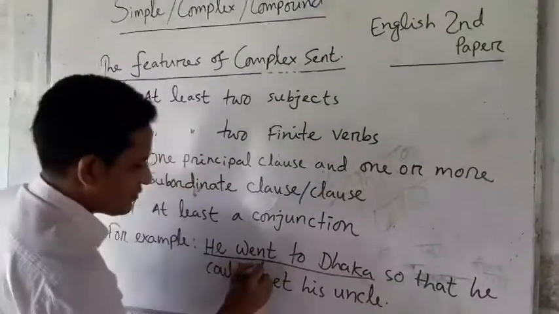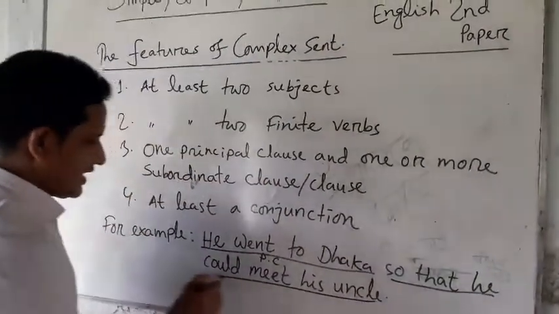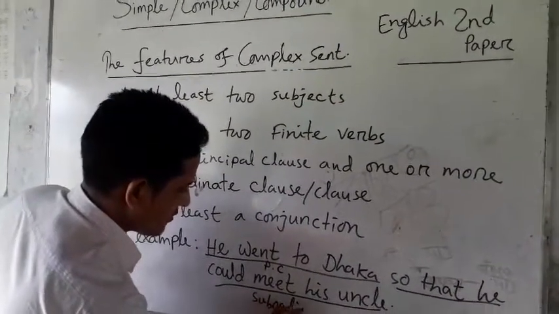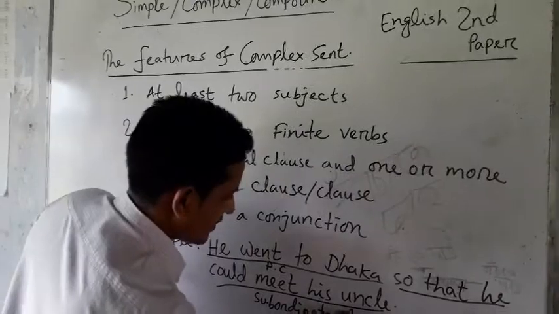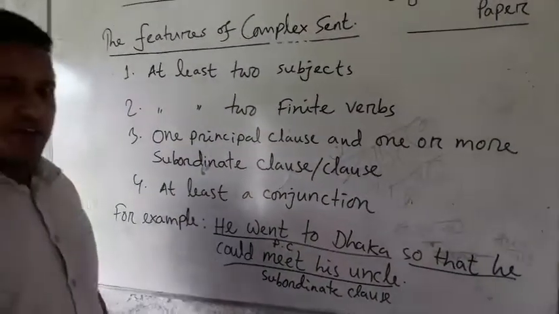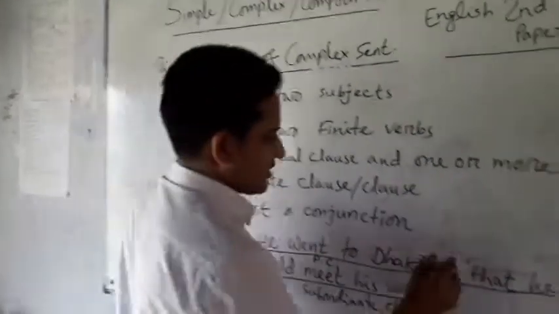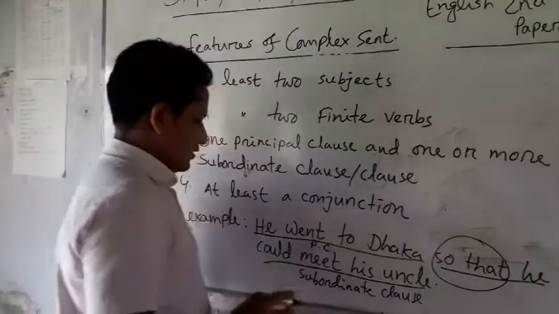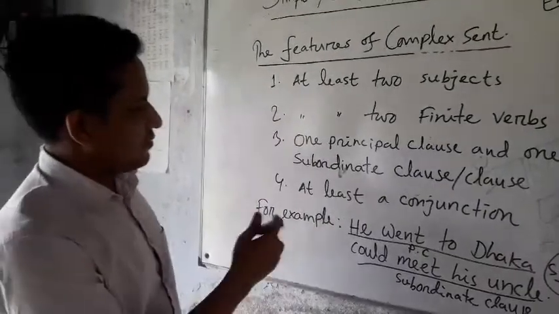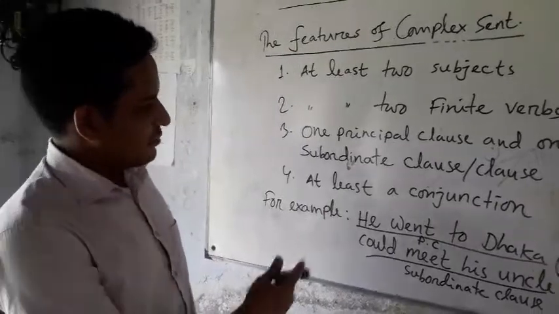This is a principal clause. Okay. So that he could meet his uncle. This is a subordinate clause. Okay. So in this sentence we find there is a principal clause and a subordinate clause, and so that is a conjunction here. So this sentence contains all the features of a complex sentence. That's why it is an example of a complex sentence.